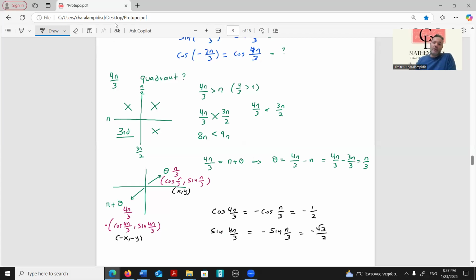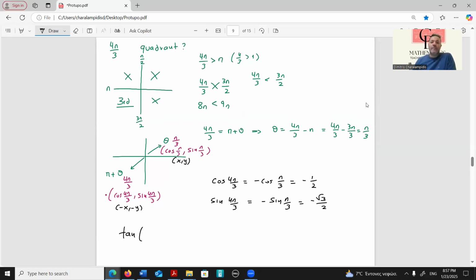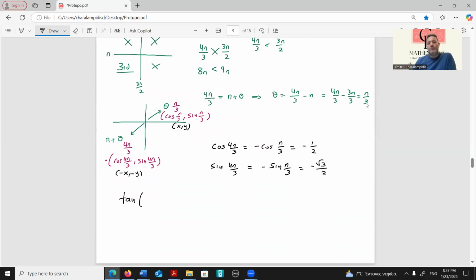But remember that in the beginning, I wanted to calculate the tangent of minus 2 pi thirds.